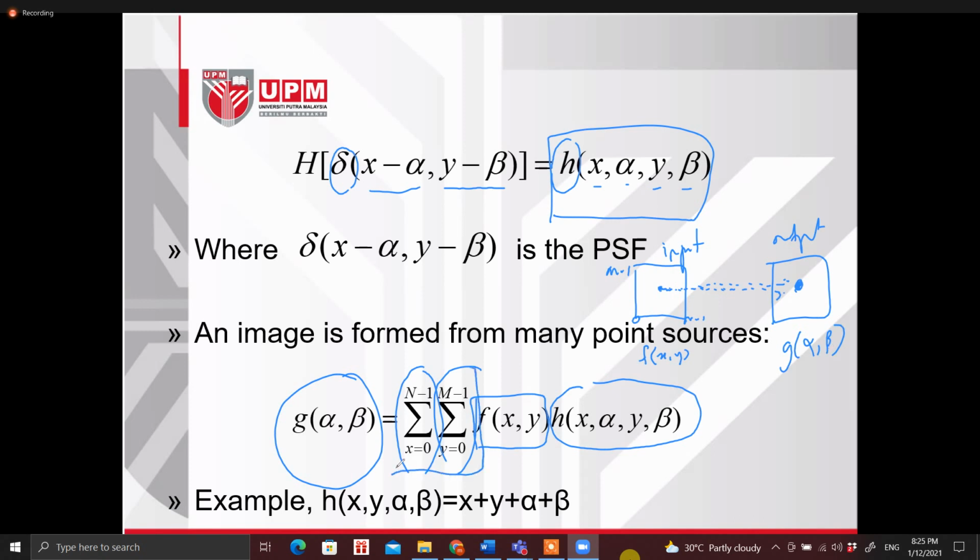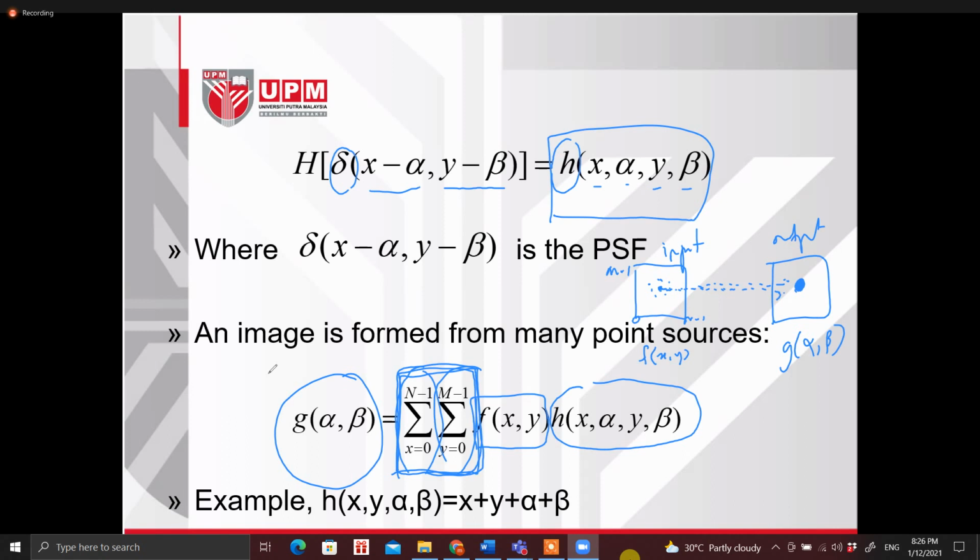So these two summations are the process I mentioned earlier: the way that we create the output image is by looking at many point sources, and then we sum all of them over the total size of the image.